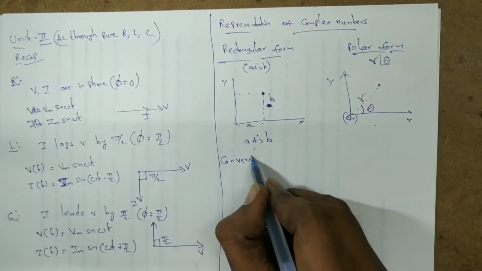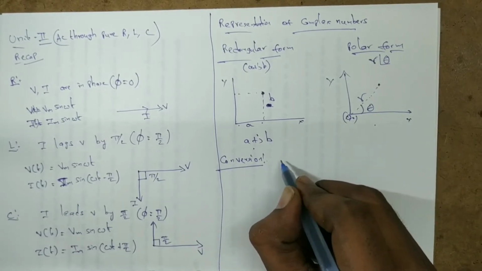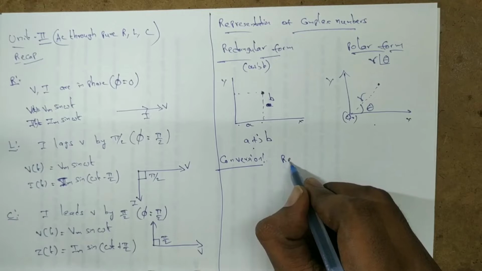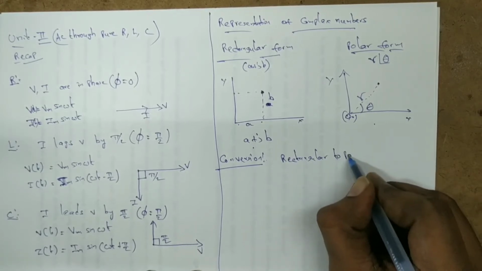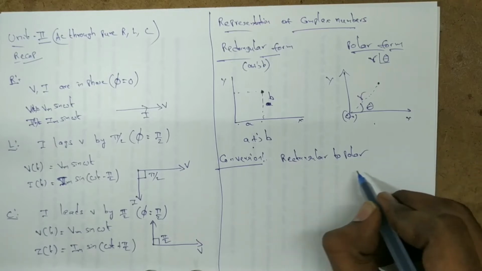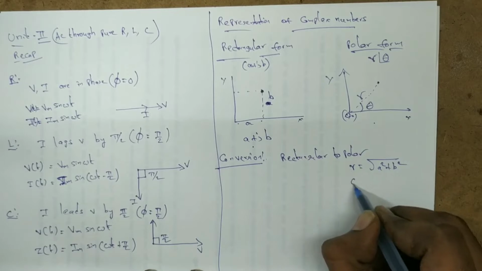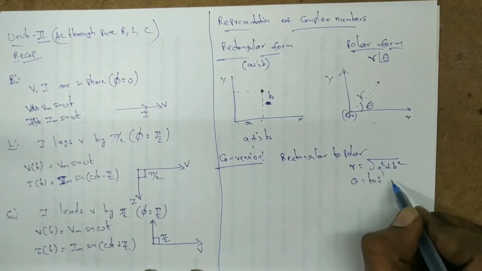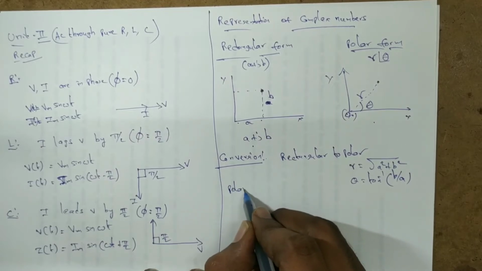When coming to the conversions from one form to another, suppose we are given a rectangular form, that is a plus jb format, and we should convert it into polar form, that is r at an angle theta, where the r value will be the root of a square plus b square and theta will be tan inverse of b by a.